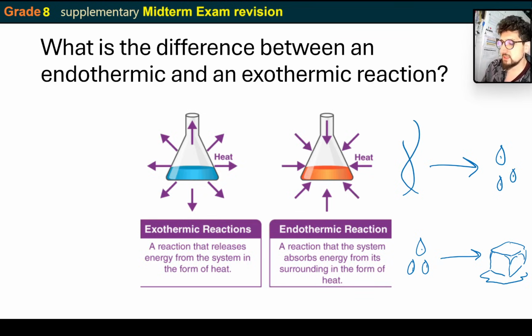Which one has higher energy? Well, the liquid particles have more energy. The gas particles have even more energy, but then the liquid particles have more energy than the solid particles. So in order to go from liquid to solid, those liquid particles have to lose even more energy to become solid. So they have to give out energy. So this also becomes exothermic.